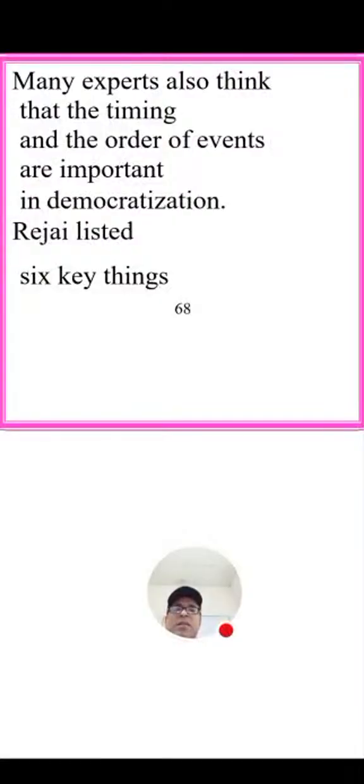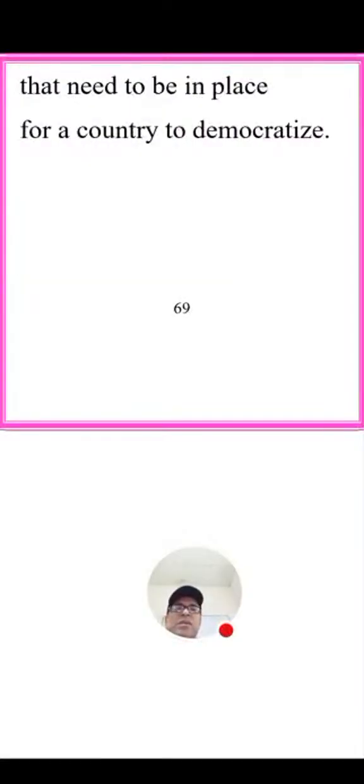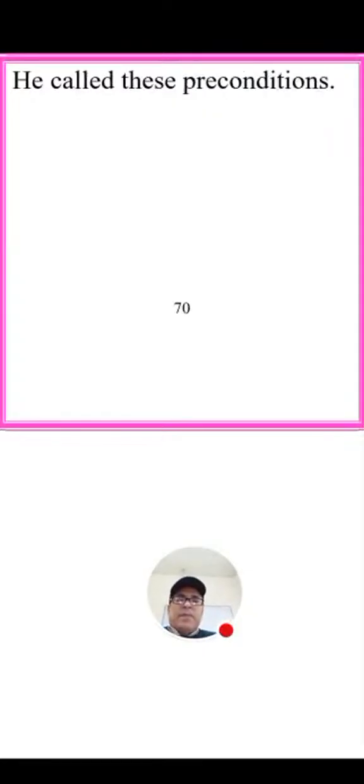Rustow listed six key things that need to be in place for a country to democratize. He called these preconditions. So Rustow has explained six preconditions for democratization.